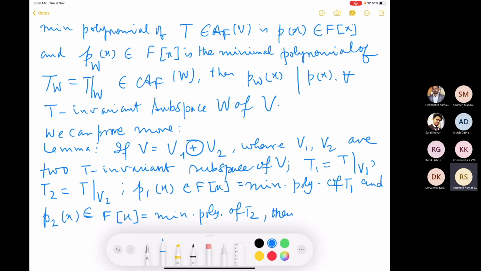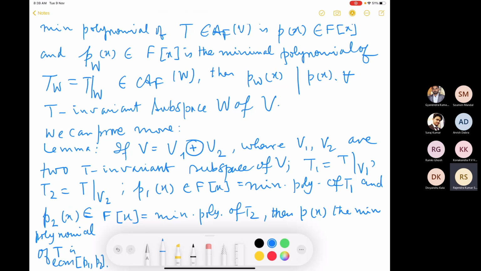Then p(x), the minimal polynomial of T, is the LCM of p1 and p2.